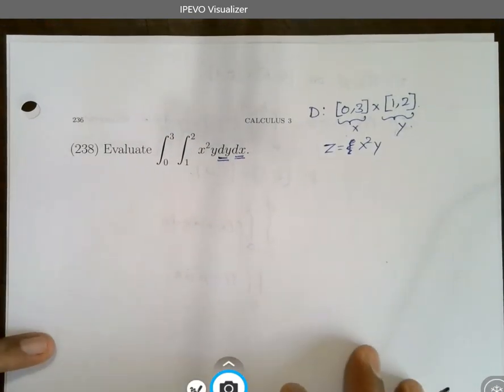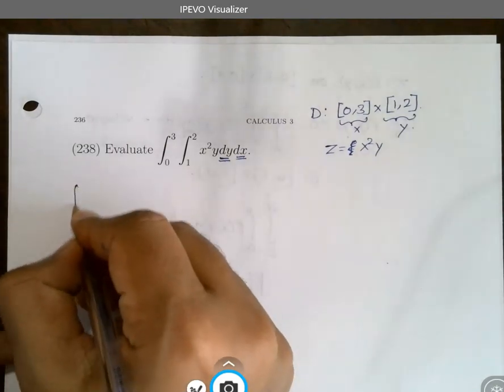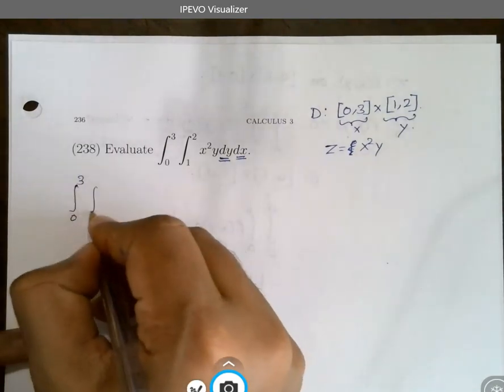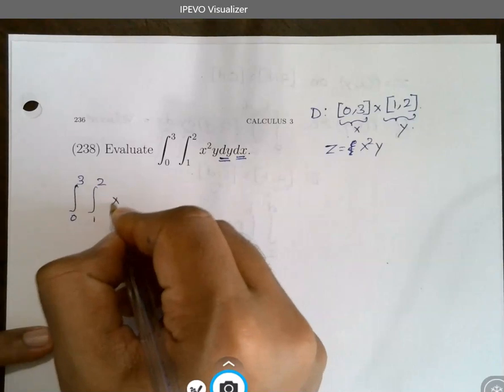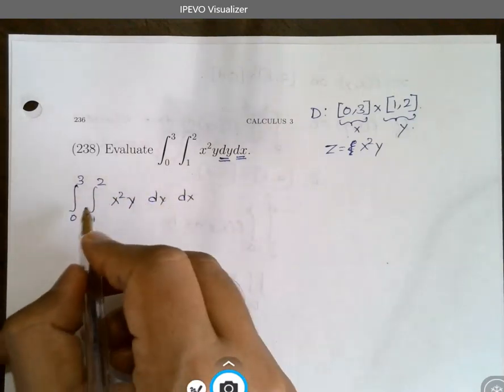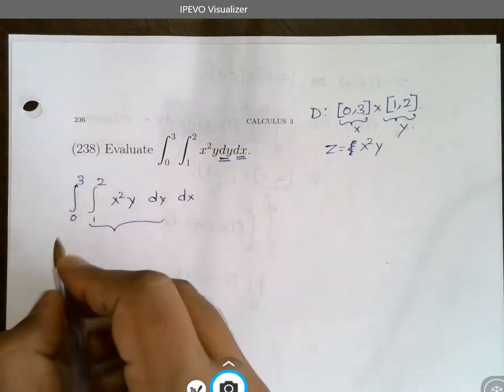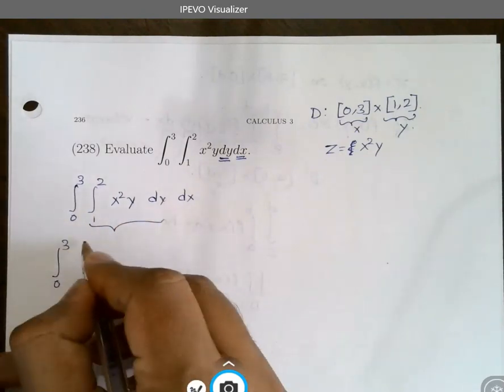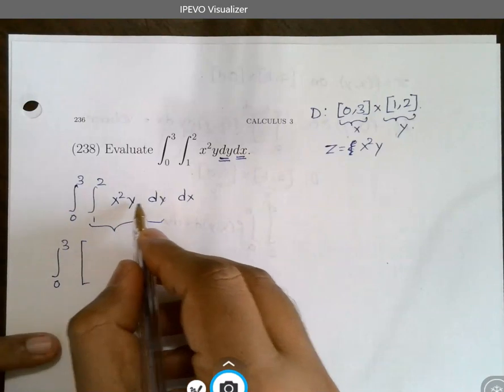So this is how you would evaluate the integral. You have integral 0 to 3 and integral 1 to 2 of x squared y dy dx. First let's evaluate the inside integral.